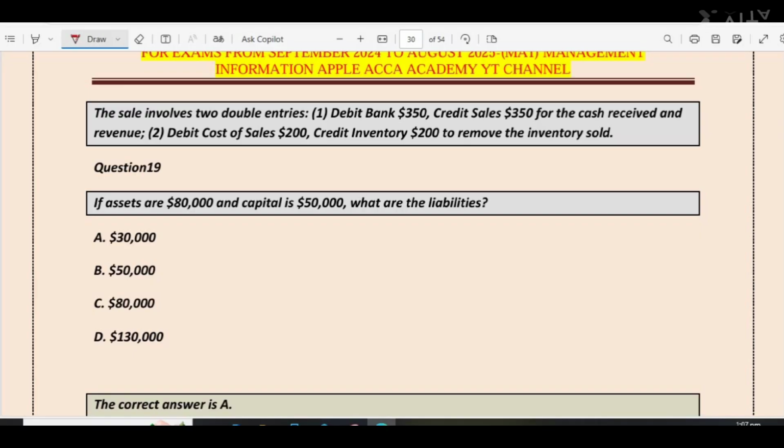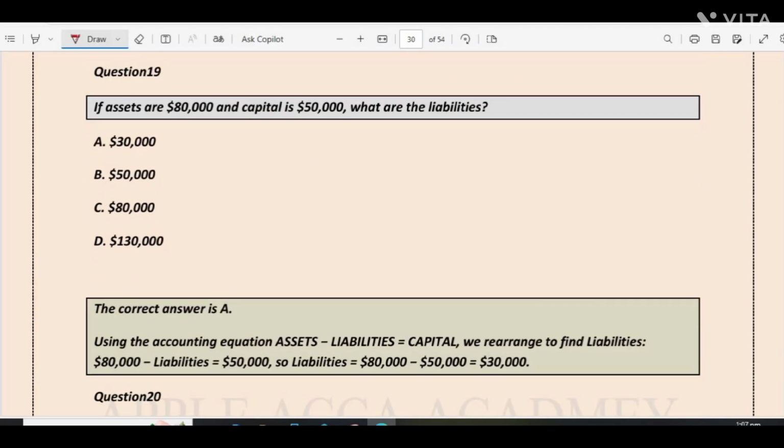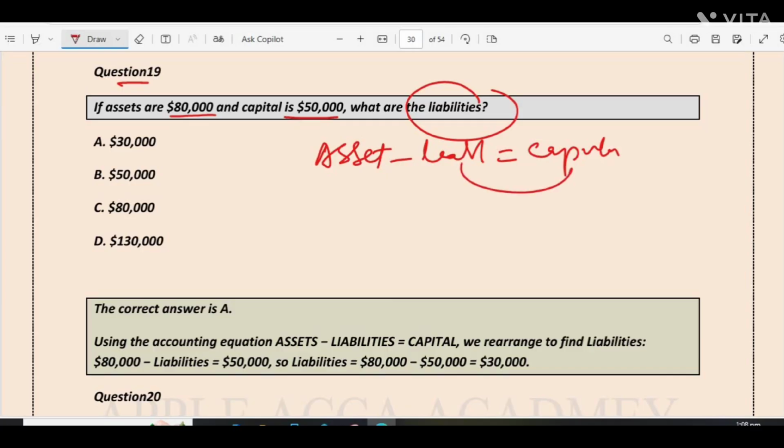Let's move on to another one. Question number 19. If assets are $80,000 and capital is this amount, what is the liability? You go straight for the equation: assets minus liability equals capital. If you rearrange this, assets minus capital will be your liability.